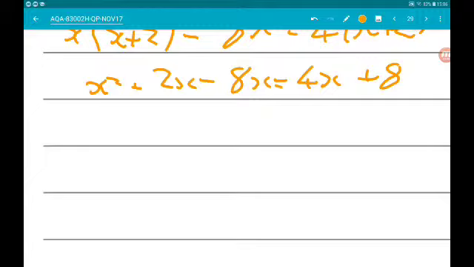So, let's just sharpen up the left hand side of it. So we got x squared, then we got add 2x minus 8x, so that's minus 6x. That's equal to 4x add 8.